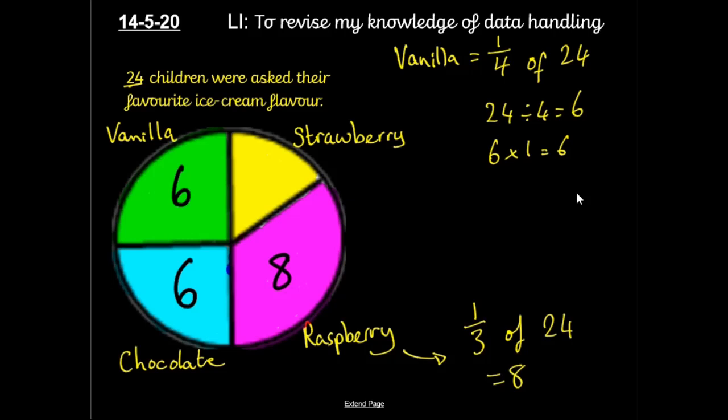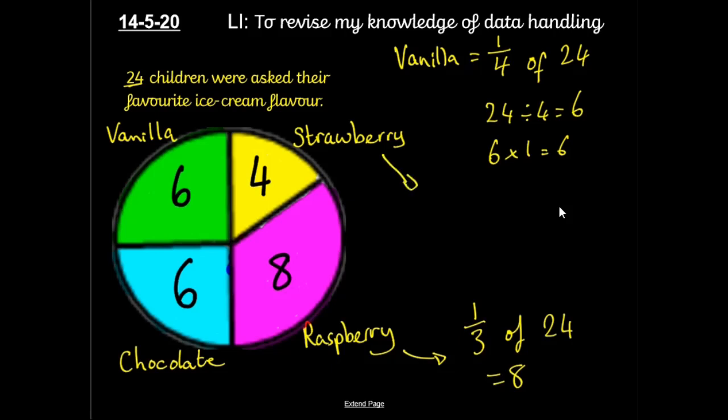It's about 1/6 there, and that's strawberry. So I could do 1/6 of 24, or I could add 6 plus 6 plus 8, which gives me 20, and then subtract that from my total number, because it's my final one. So 6 plus 6 is 12, plus 8 is 20, 24 minus 20, well, that is going to equal 4.